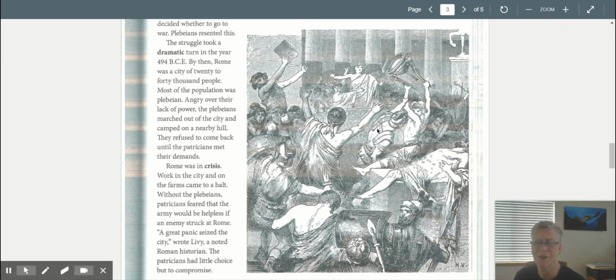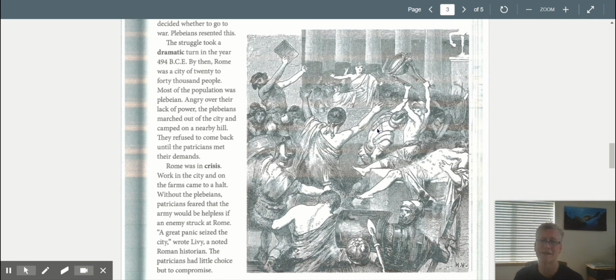Here's all these rich guys. They don't know how to farm. They don't know how to make products. What if they get attacked? 95% of their army is not going to fight back. So what a brilliant strategy to basically walk away.